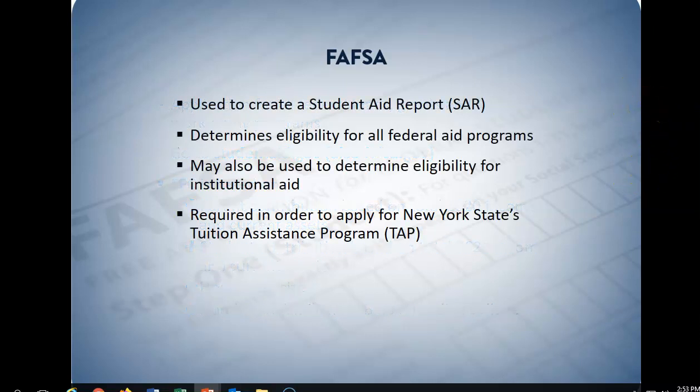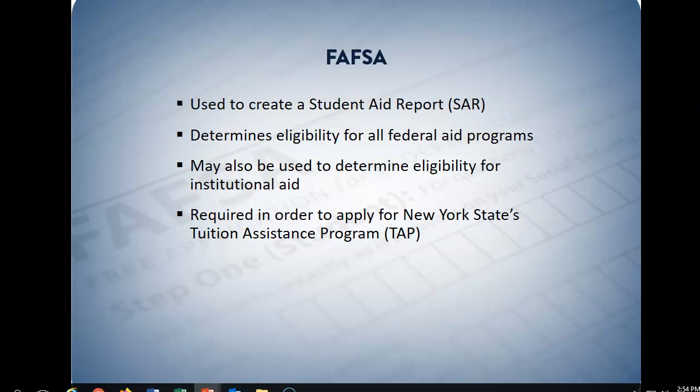Once the FAFSA information is received and it runs through the federal methodology formula, it will create a response document called the Student Aid Report that you as a family will have access to. It will spit out all the information that you put in there so you can check it and make sure you've done everything correctly.